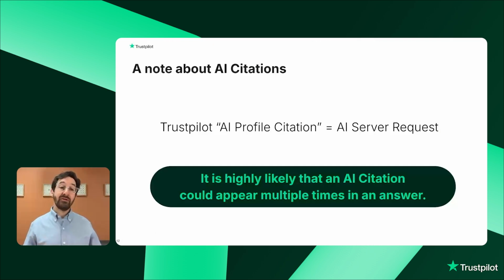Okay, so to summarize, we count AI profile citations based on the number of times we detect these AI systems in our log files. It's a very accurate way to measure the access of your Trustpilot profile information. Now, it could be likely that the actual number of times that your Trustpilot information appears in answers is higher, but we're trying to give you the most accurate, definitive information that we can measure.